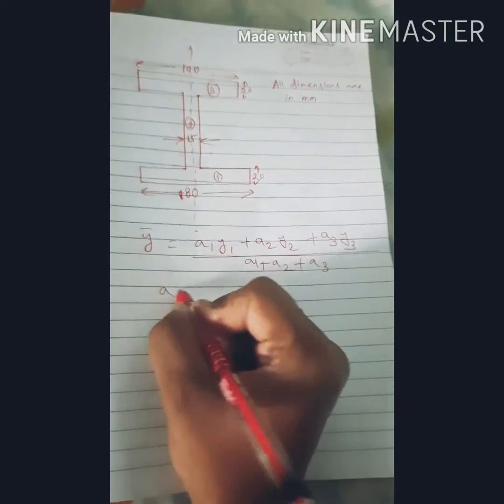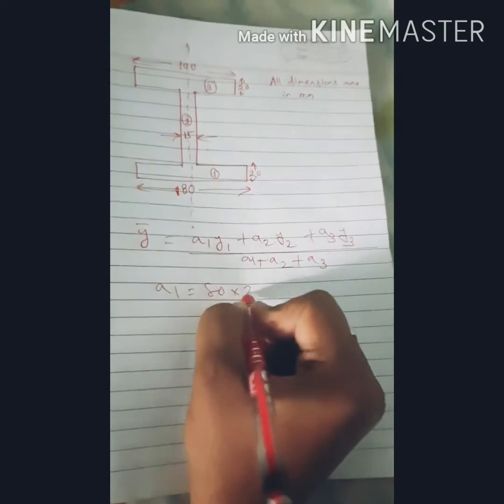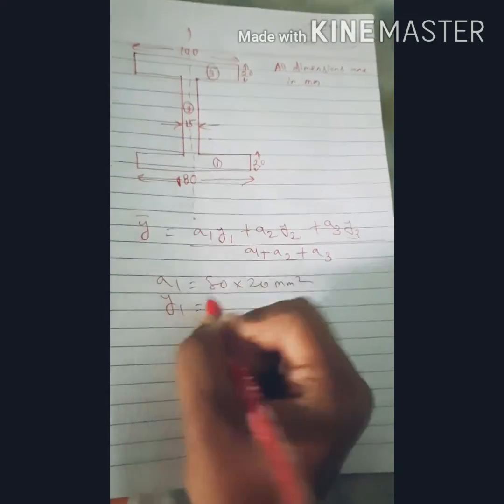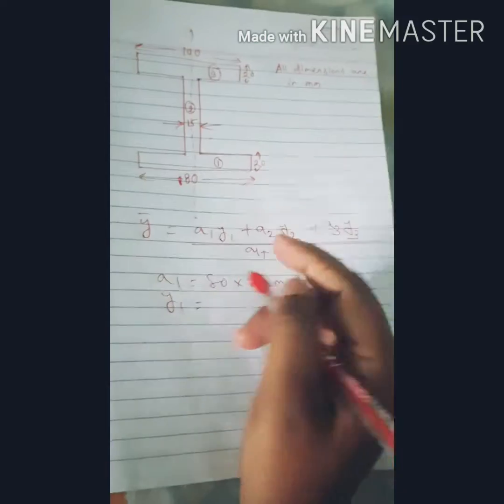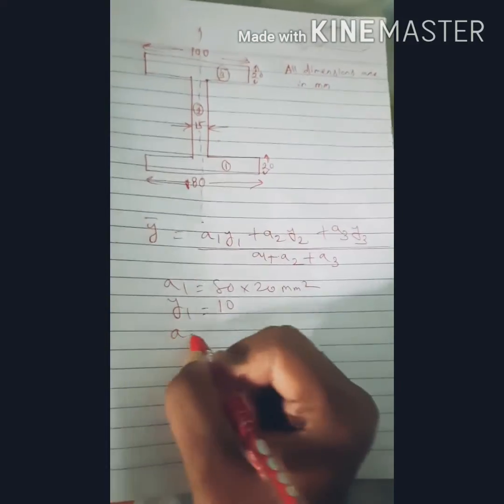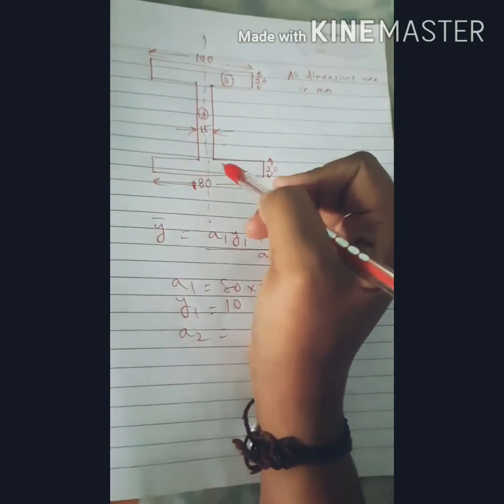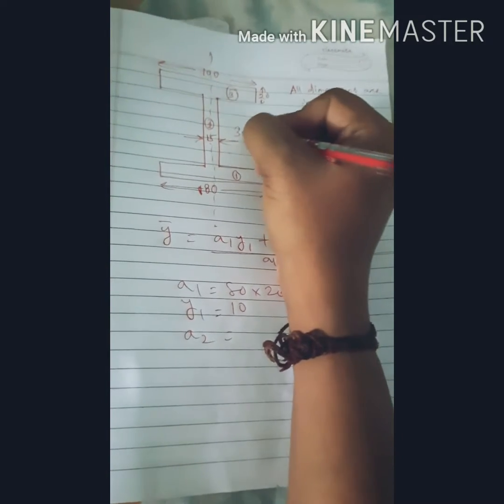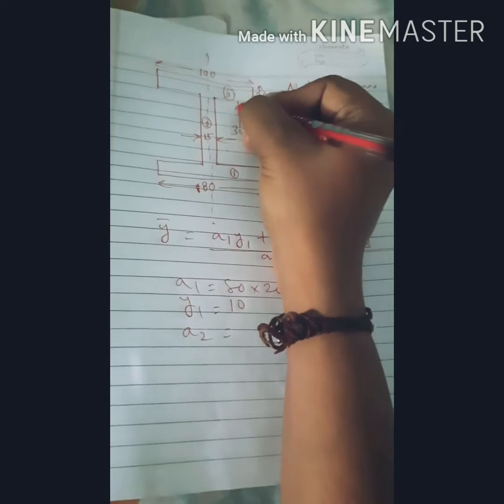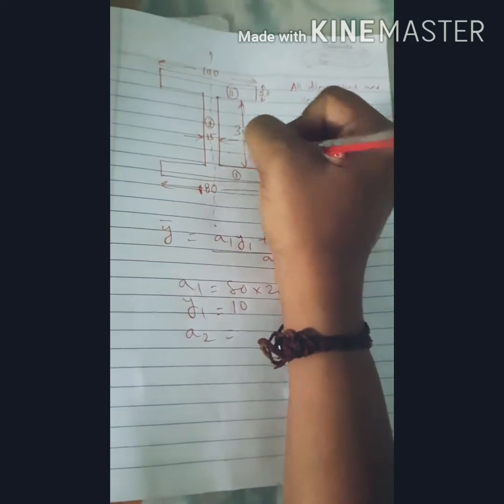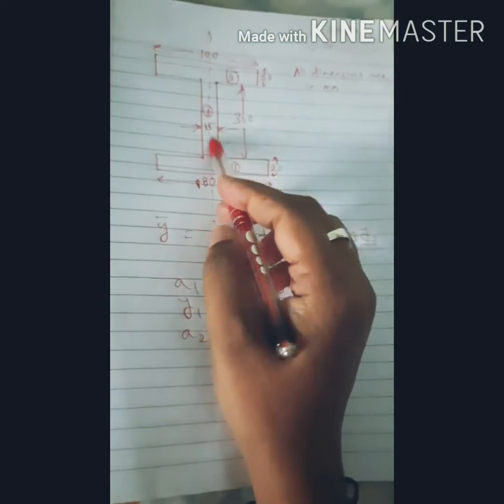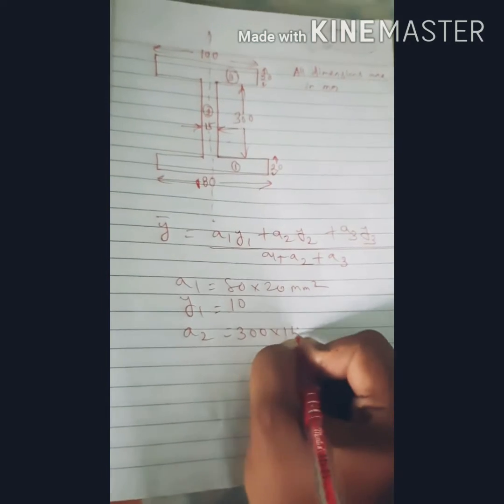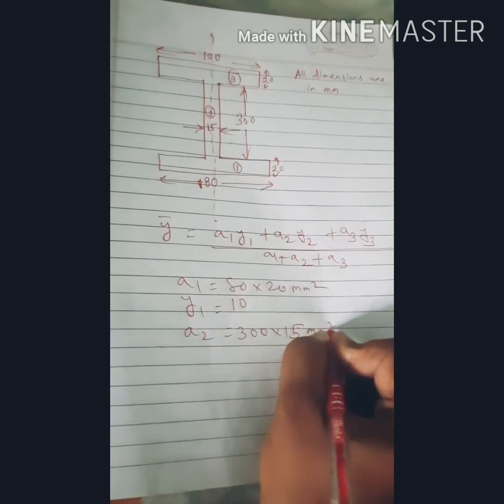A1 equals 80 into 20 mm square. Y1 equals, I have taken this bottom surface as a reference, y1 equals 10. A2 equals, this dimension is let 300 mm, so A2 equals 300 into 15 mm square.